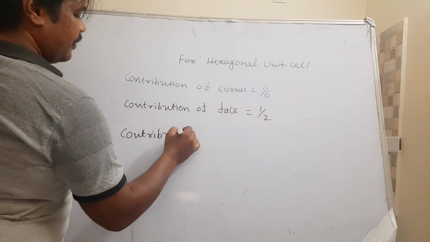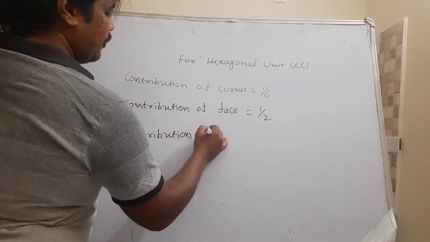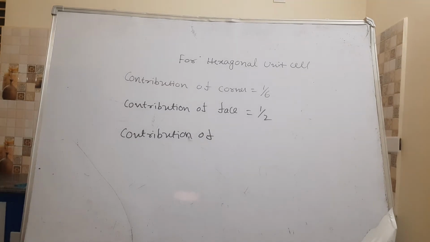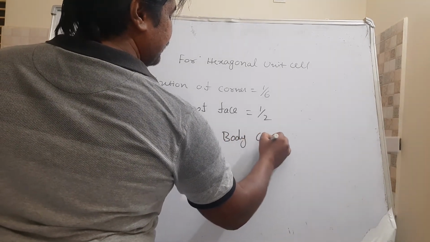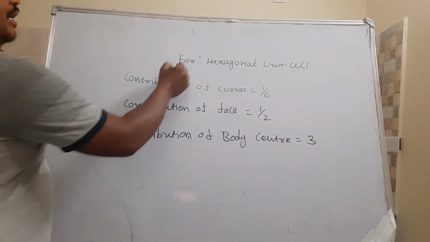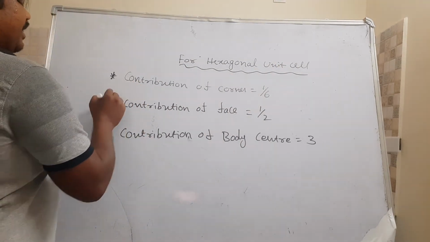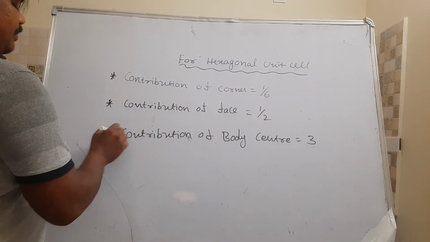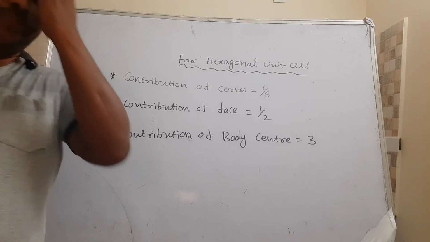Contribution of body center, otherwise center, is equal to 3 for the hexagonal unit cell. Very, very important. You have to memorize these values also.